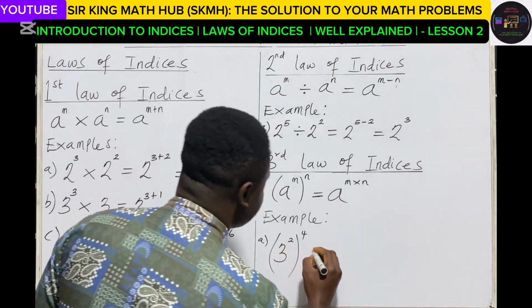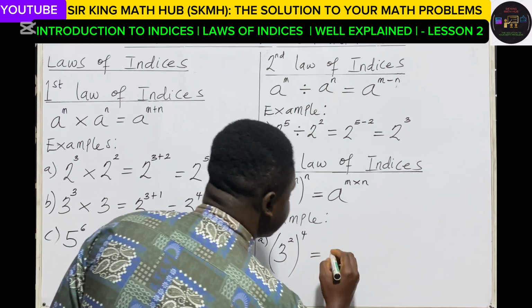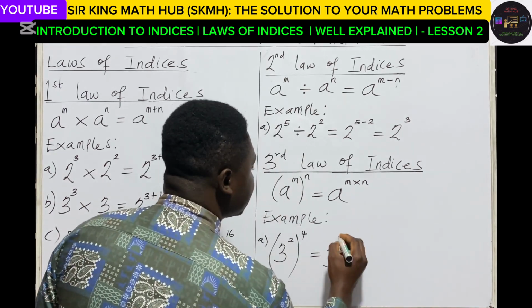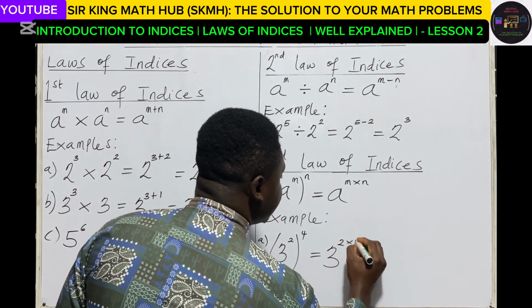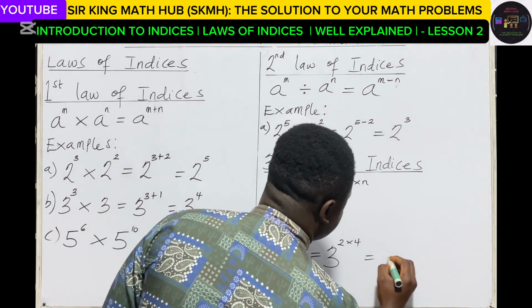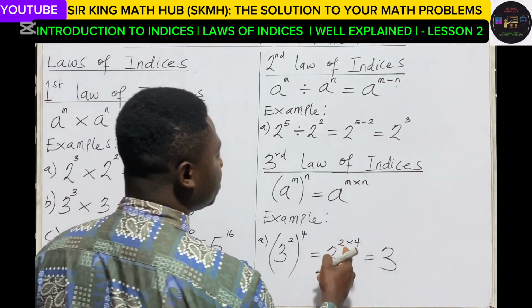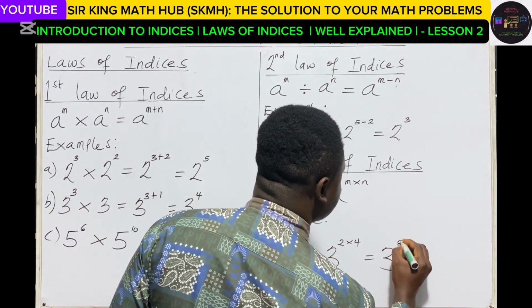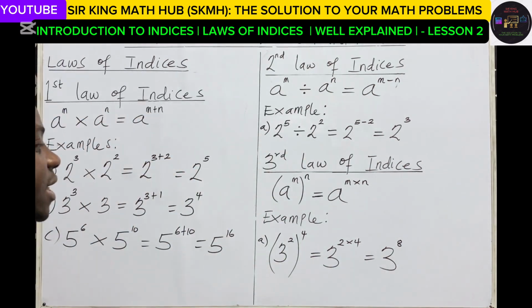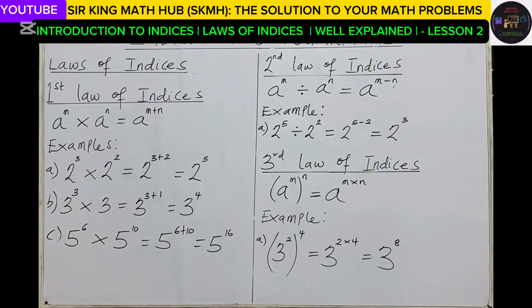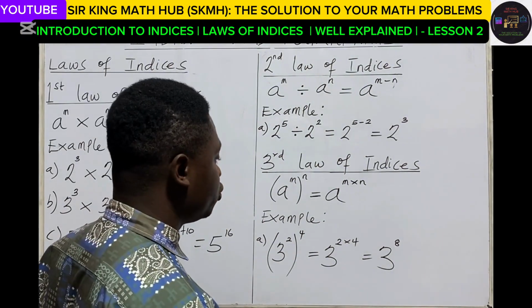So what this law is saying is that just write the base and then multiply the index. So this will give us 3 as the base, and then 2 multiplied by 4, that is 8. Again, why is this law also true?